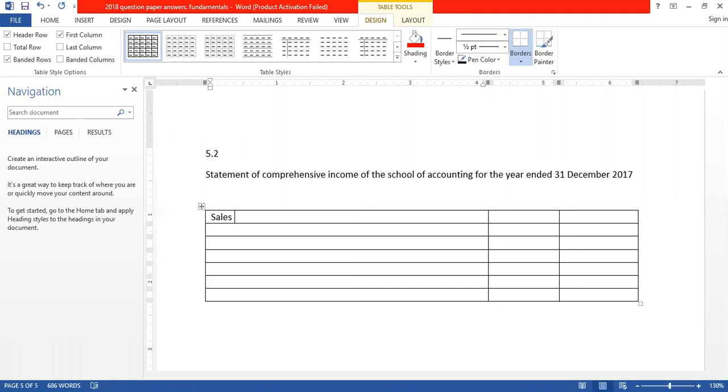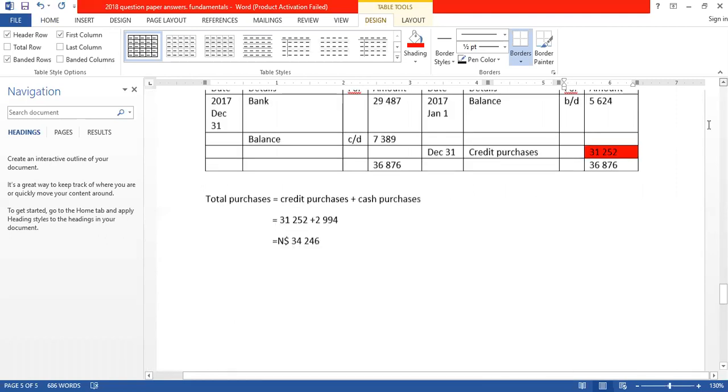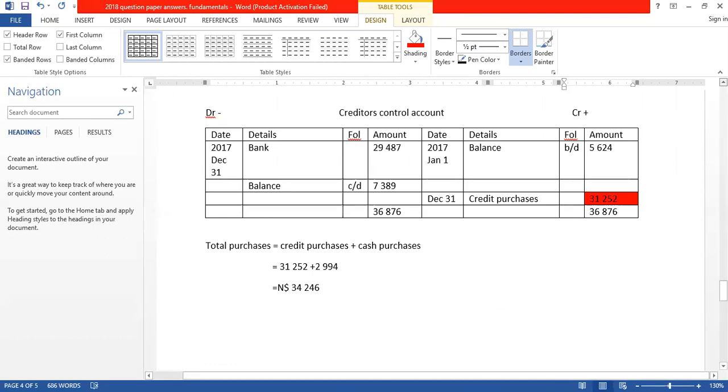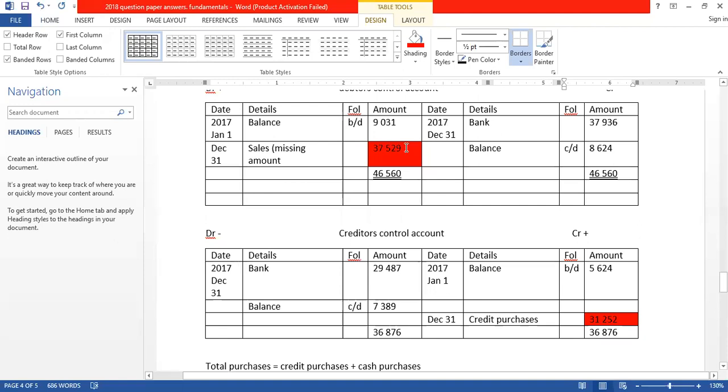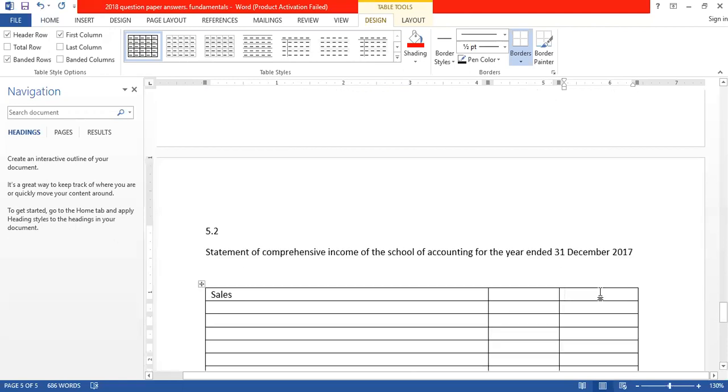Remember, this is an income statement. The first thing that you record is your sales amount. Now our sales amount, we calculated it and we got 37,529. So 37,529 is our total sales amount.